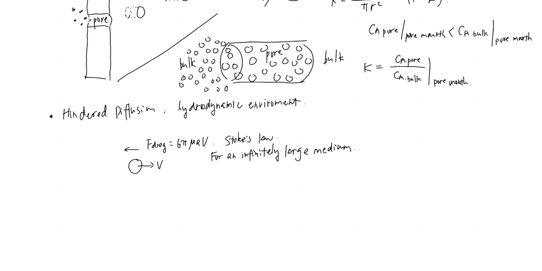However, in another scenario, instead of an infinite medium, the sphere is moving in a small channel, and then the fluid environment around it is totally different compared to an infinite space. In this case, you would have a higher resistance, a higher viscous drag.